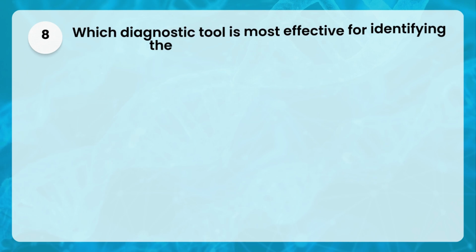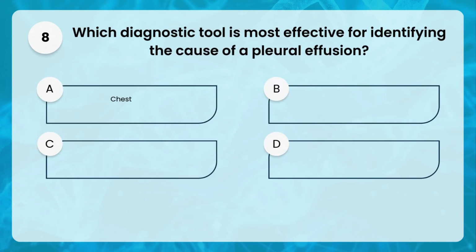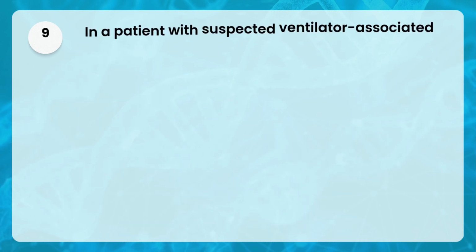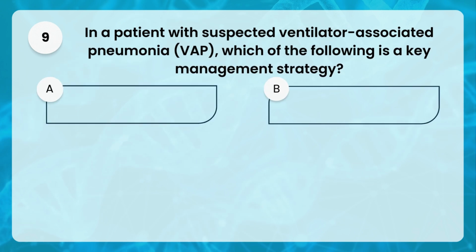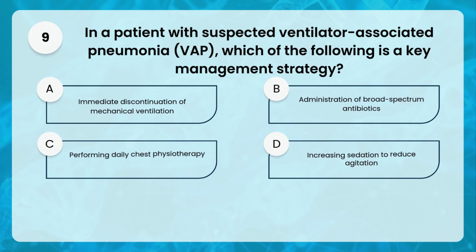Number 8. Which diagnostic tool is the most effective for identifying the cause of a pleural effusion? A. Chest X-ray. B. Thoracentesis. C. Bronchoscopy. D. CT scan. The answer is B. Thoracentesis. Number 9. In a patient with suspected ventilator-associated pneumonia, VAP, which of the following is a key management strategy?